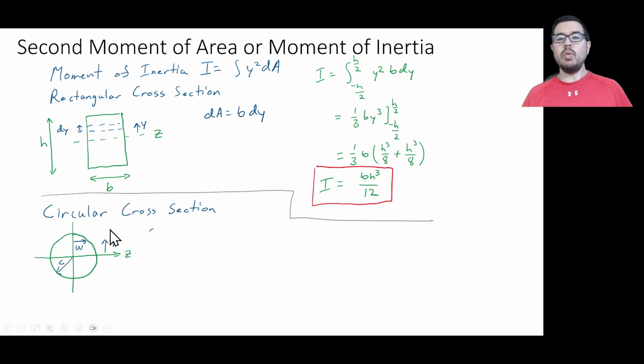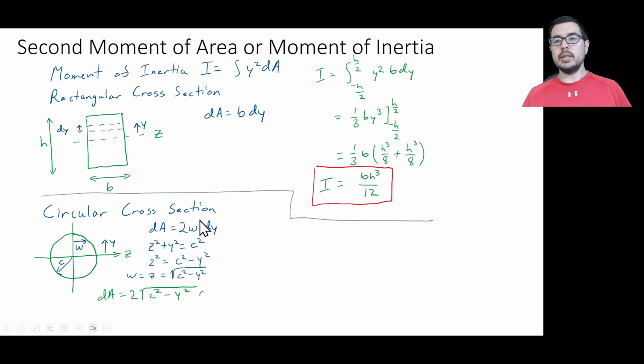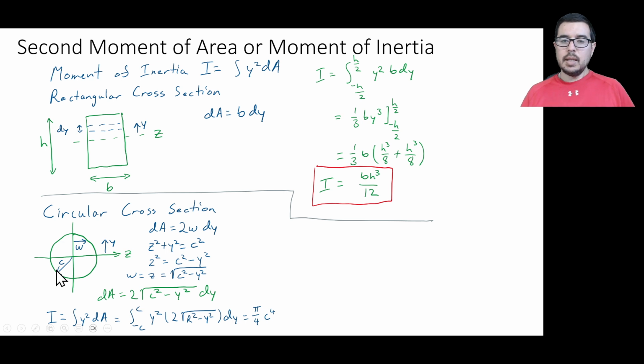of area for a circular cross section. For that, here is a circle and it has radius c. And we can describe a w as being the length from, let's say, the y-axis to the outer portion along the z-axis, sorry.